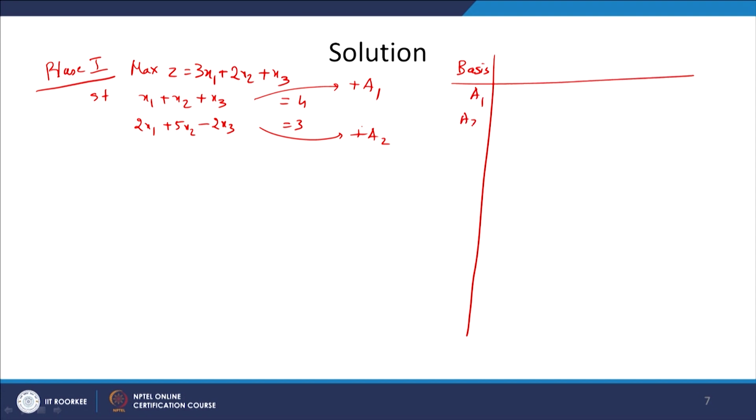A1 and A2 is the basis, and we need to write the objective function as, in phase 1, it has to be maximization of minus A1 minus A2, because remember the artificial variables have to be minimized, and this becomes x1, x2, x3, A1, A2 and the right hand side.